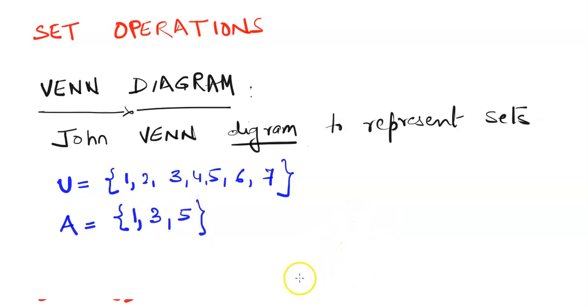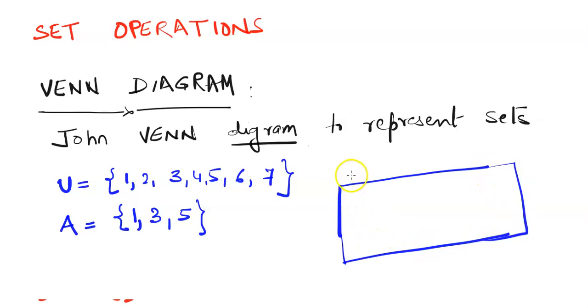The way to represent these two sets as a diagram is to draw one big set U, which has values 1, 2, 3, 4, 5, 6, and 7.